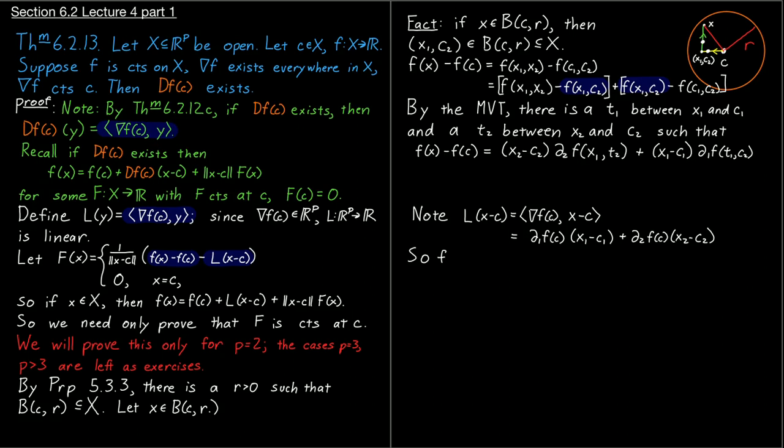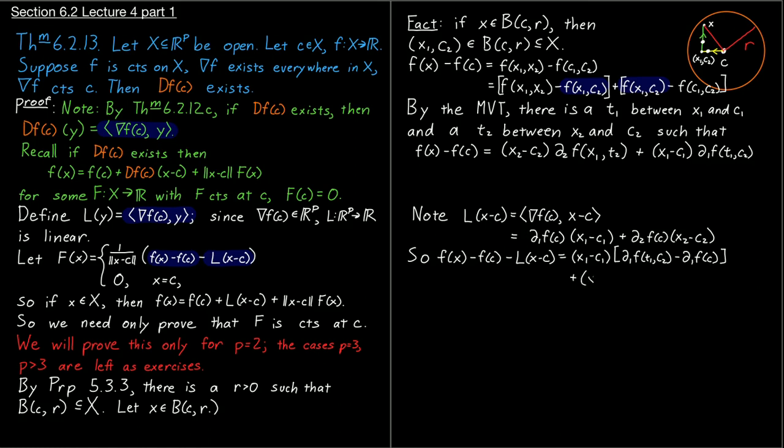So f of x minus f of c minus L of x minus c, which is the whole thing in the numerator in our definition of capital F, just a little bit of algebra. We get x1 minus c1 times partial 1 f of t1, c2 minus partial 1 f of c.